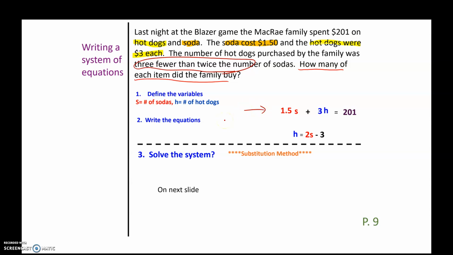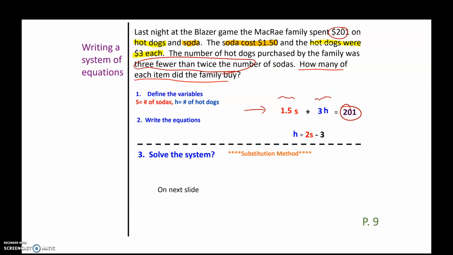I know that the total amount of money is $201 spent. And this is $1.50 per soda. And this is $3 per hot dog. So if you multiply 1.5 times how many sodas you got, that's how much you spend in sodas. 3 times however many hot dogs tells you how much money in hot dogs. So we can add them together to get to 201.